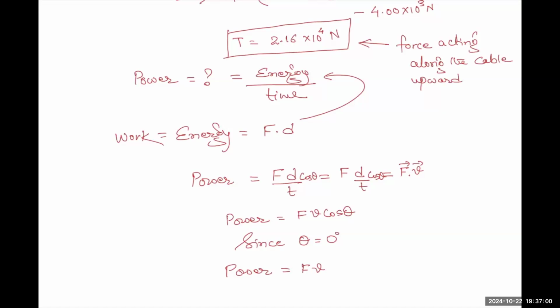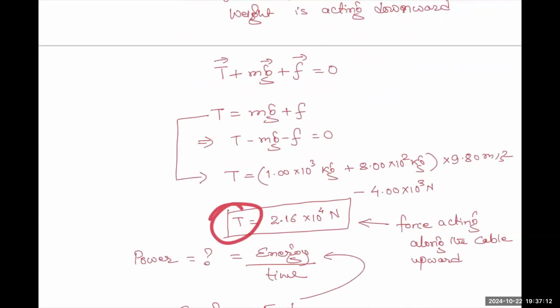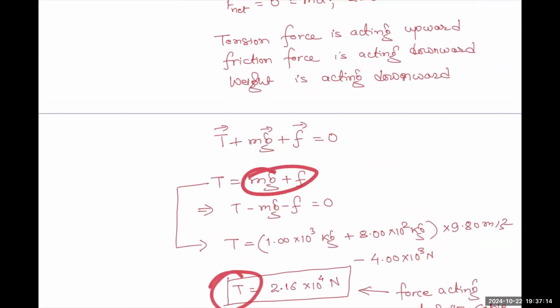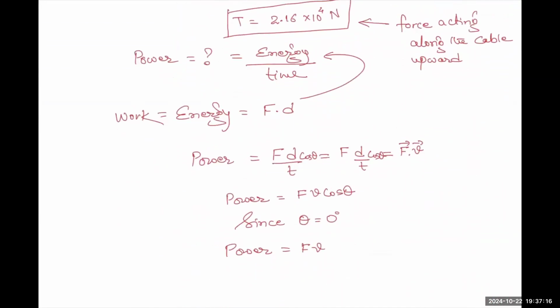I'm not saying these are net force. Net force being 0 doesn't mean that all the forces are 0. All the forces are acting on it, but the sum of all the forces is 0. So this is the tension force, which is being cancelled by the force due to gravity and the friction force. So this is my force which is acting on the cable.